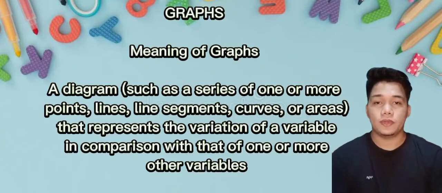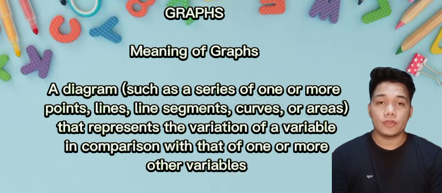So hello, my name is Patrick Fornilosa and I will explain what is the meaning of graphs. What is a graph? A graph is a diagram such as a series of one or more points, lines, line segments, curves, or areas that represent the variation of a variable in comparison with that of one or more other variables.